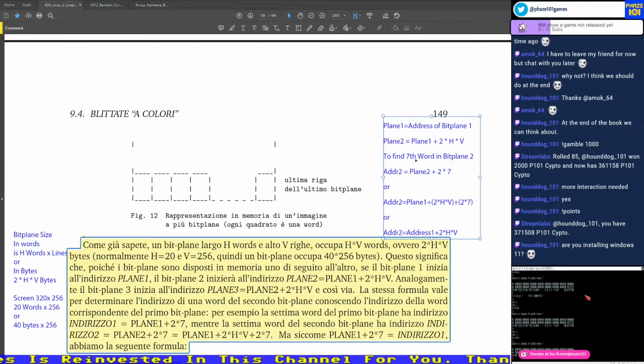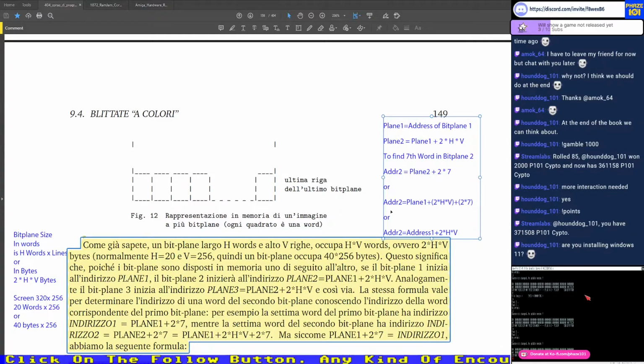So the address of bit plane 2 is whatever the address of bit plane 1 is, plus the formula that we calculated here, which is plus 2 times H times V. So to find the 7th word on bit plane 2, we take the address of plane 2, plus 2 times 7, of course, because we are on the 7th word.